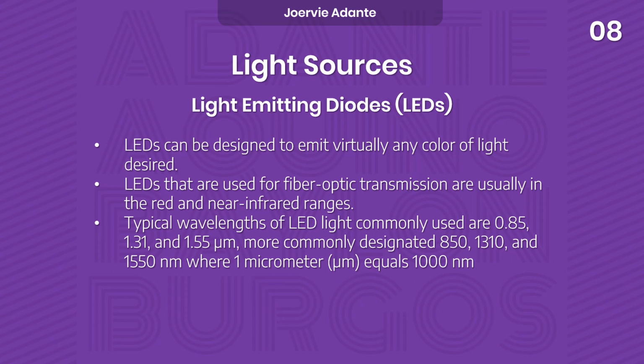Typical wavelengths of LED light commonly used are 0.85, 1.31, and 1.55 micrometers, more commonly designated as 850, 1310, and 1550 nm, where 1 micrometer is equal to 1000 nanometers.